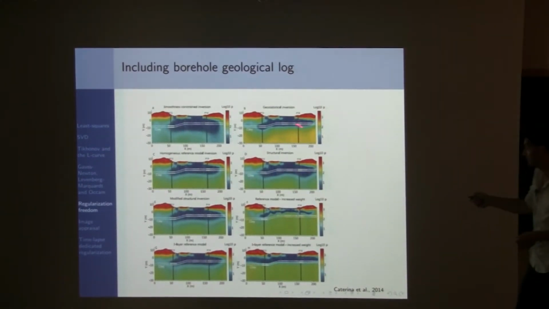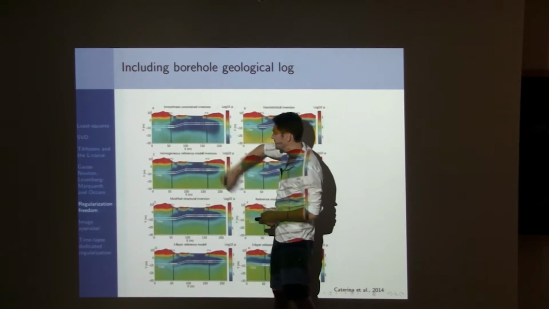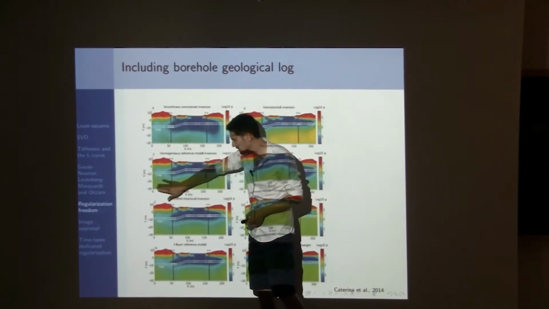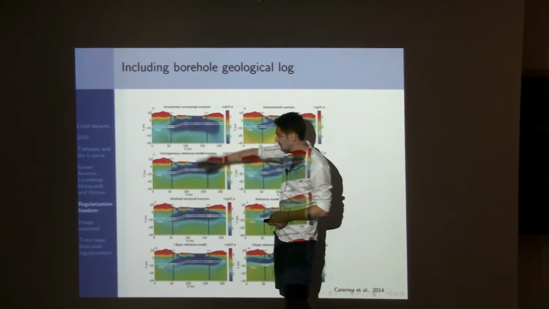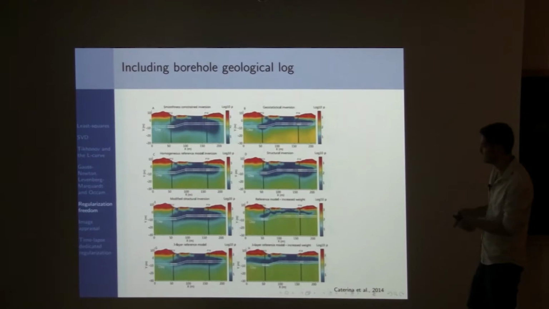This is if you impose a homogeneous reference model, so if you look at the difference between the smoothness constraint and this one, you impose the value here at the bottom, which are different here. Here you actually don't see so much of a change. I will show it in the next slide.